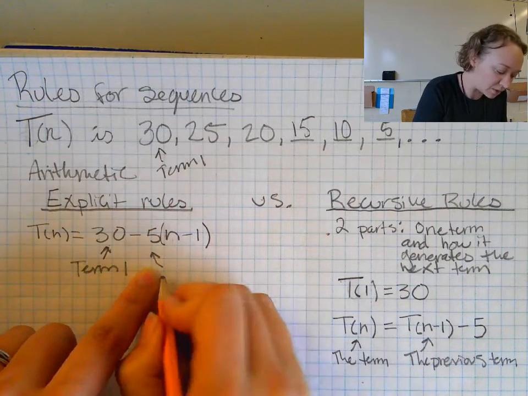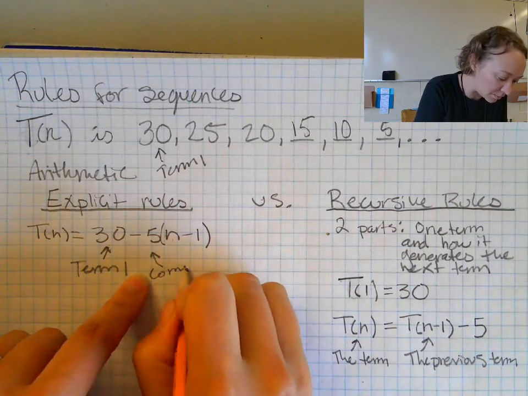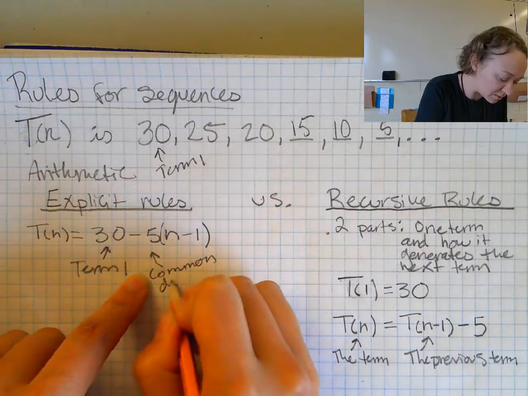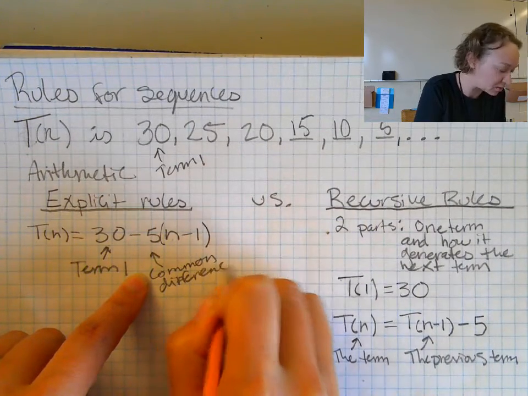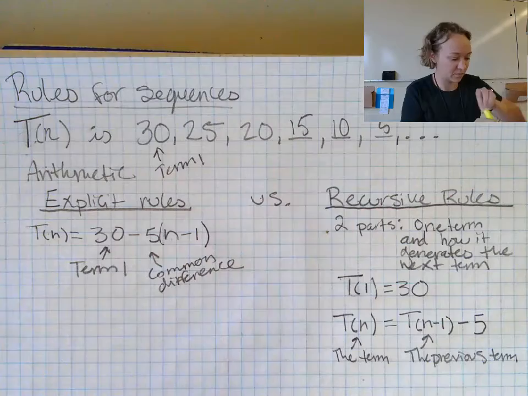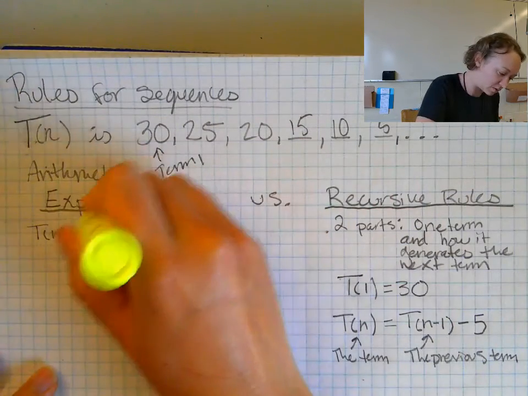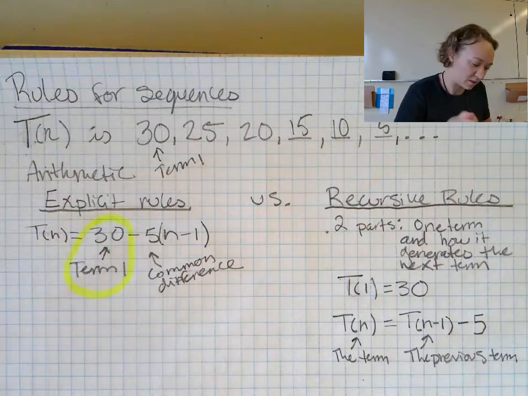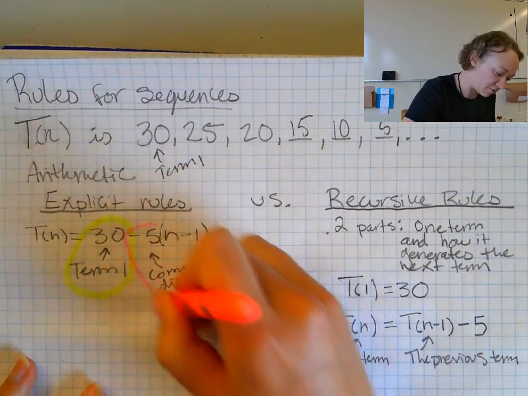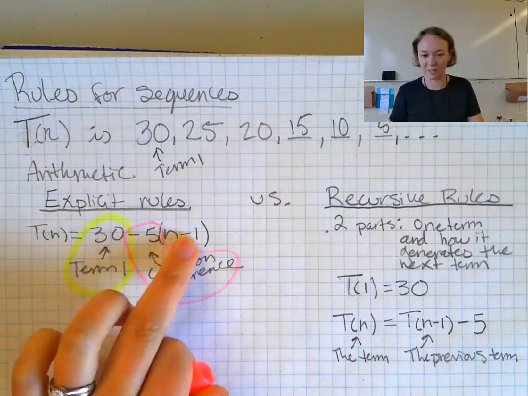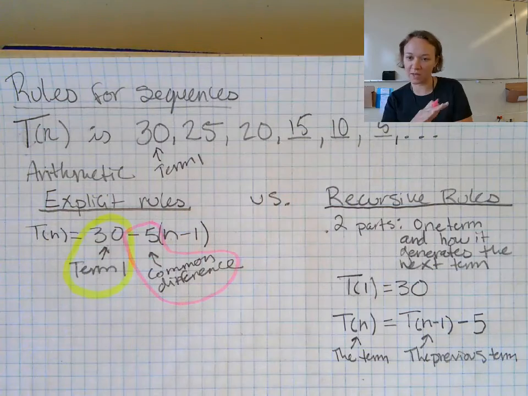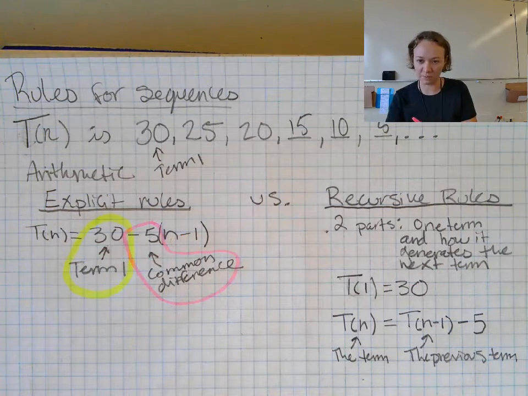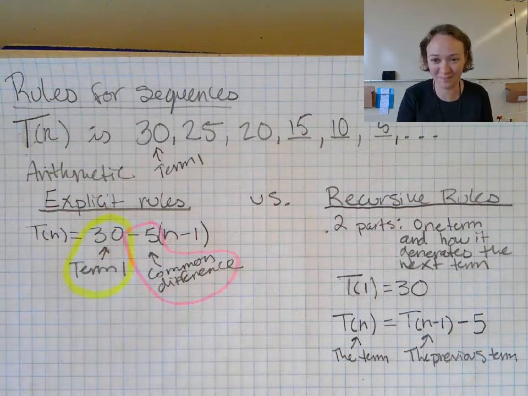So the term 1 is the 30, and the common difference is the -5, and then it always stays as n minus 1 because we have to offset for the fact that it starts at 1 instead of 0.